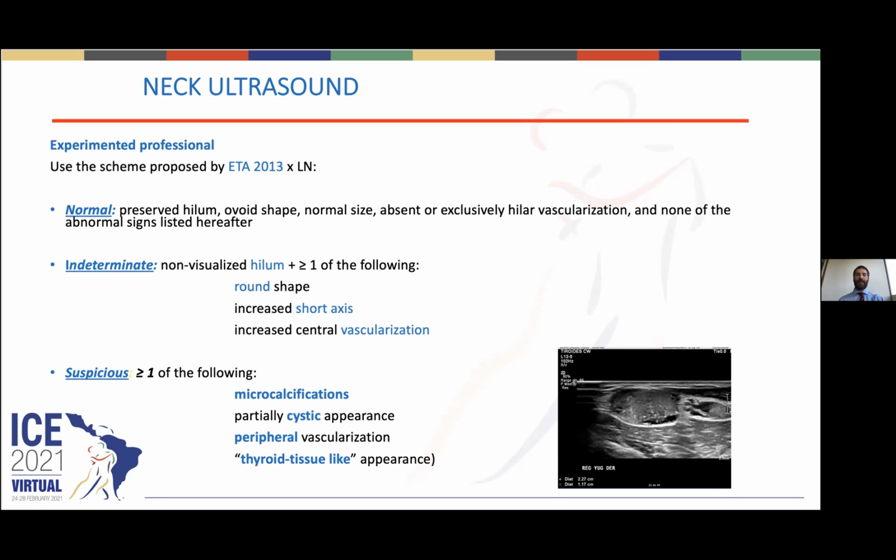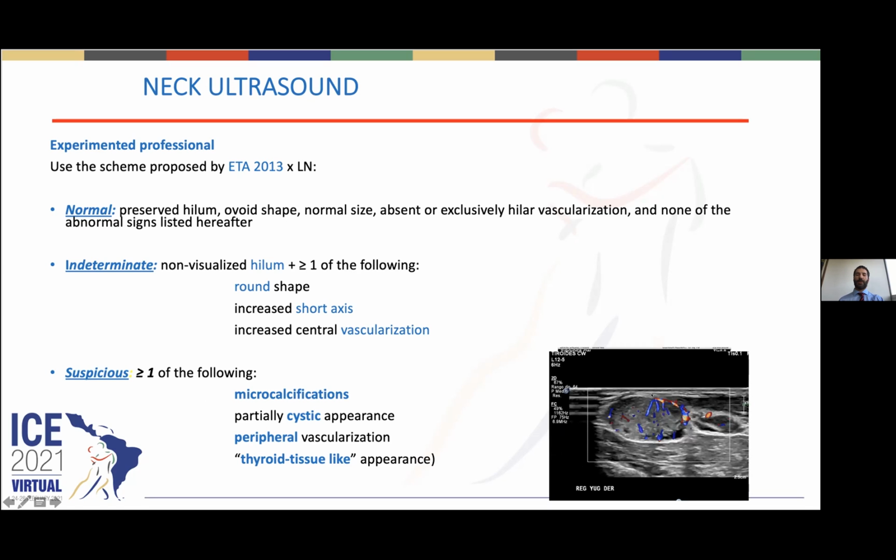I propose the scheme that was also proposed by the ETA 2013 guidelines, which divided the neck ultrasound findings into normal, indeterminate, or suspicious. Suspicious were classified if the lymph node had one or more of the following characteristics: the presence of microcalcification, the presence of a partially cystic appearance, the presence of thyroid tissue-like appearance, and or the presence of peripheral vascularization.